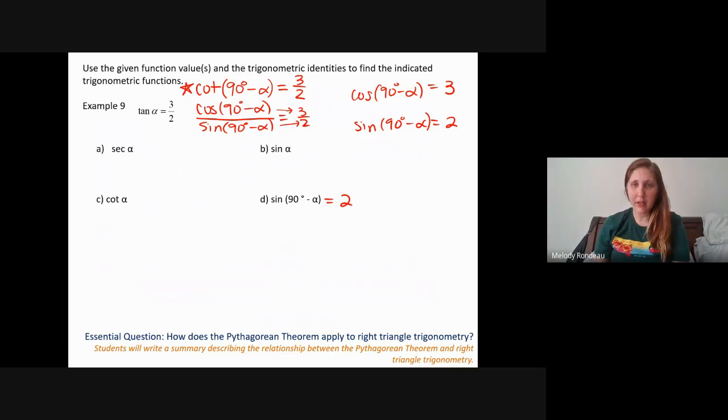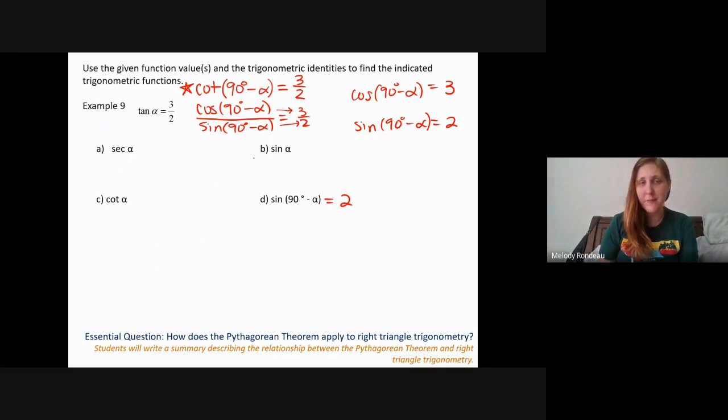Fantastic. Then if I look at what else I'm supposed to find, I found the one that looks the hardest, but I'm going to go back and see if I can find some other ones. I have secant of alpha. To do secant of alpha, I would maybe need to know cosine, because secant and cosine go together. But that means I'm going to need to know cosine of alpha, which currently I don't have.